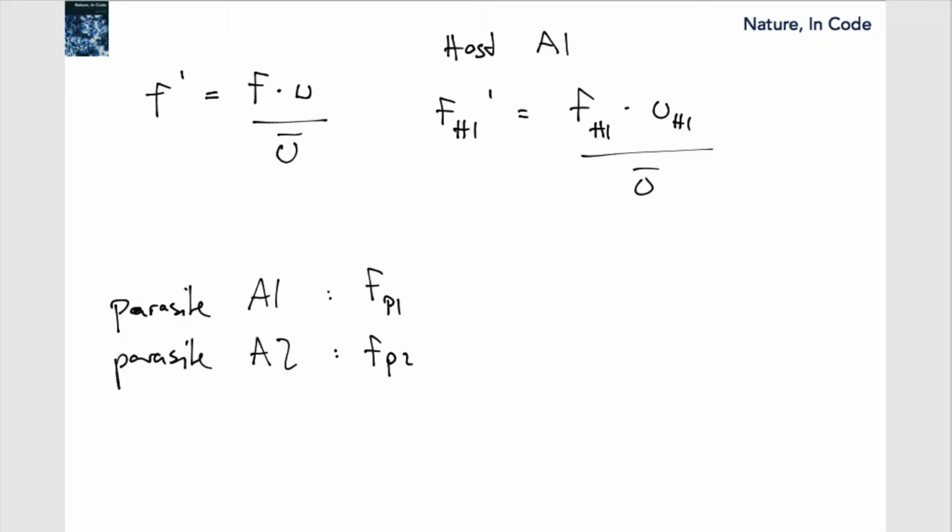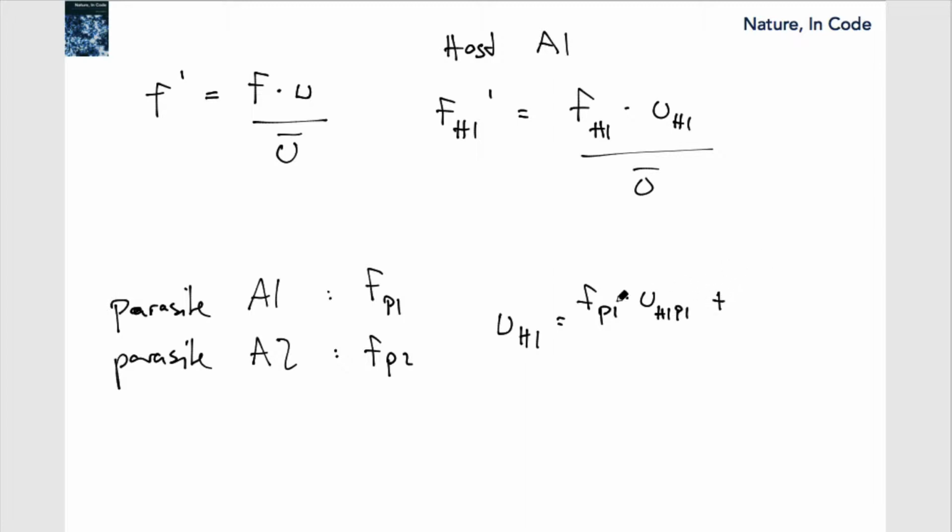of a particular genotype. In our case, we're interested in this WH1. So that is simply this product for the parasite P1 multiplied by the fitness that the host gets when it interacts with P1, and we know this from our matrix.